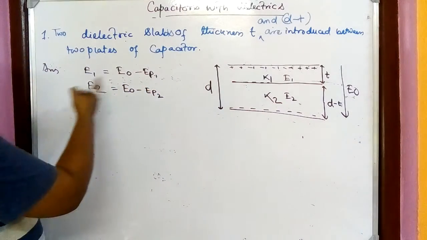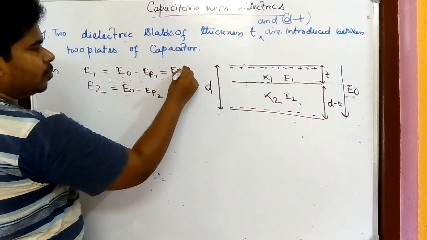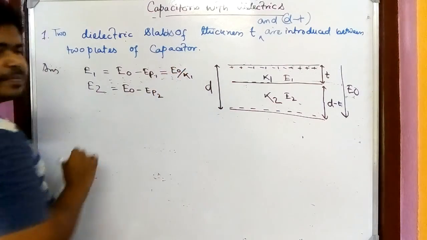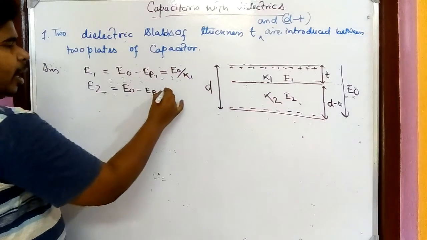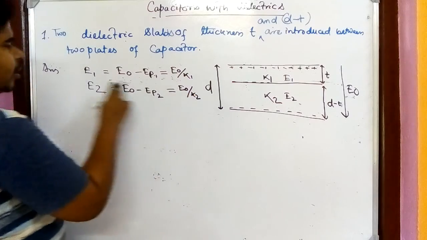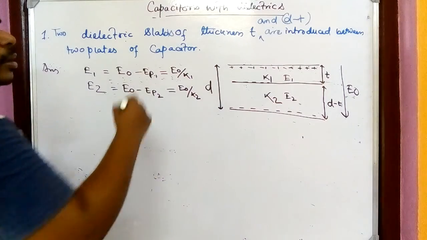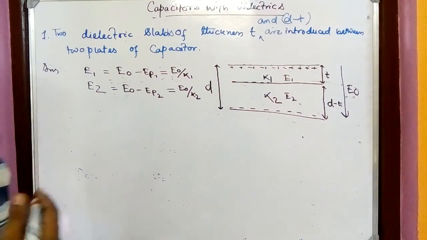Clear? This E1 can be written as E naught by K1. We have learned it earlier, and E2 is written as E naught by K2. That means the electric field is the external field divided by the dielectric constant. Why?